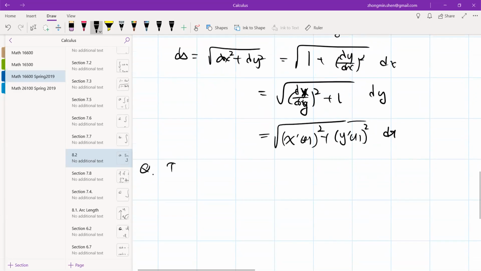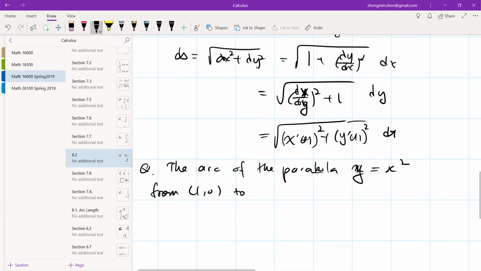right. So this arc, the parabola y equals x squared, and this is going to be from the point (1, 1) to (2, 4).